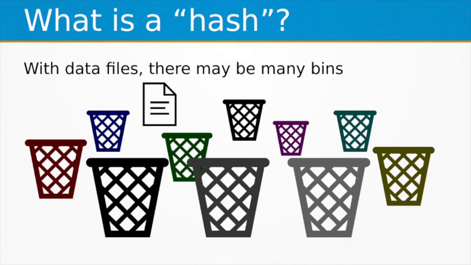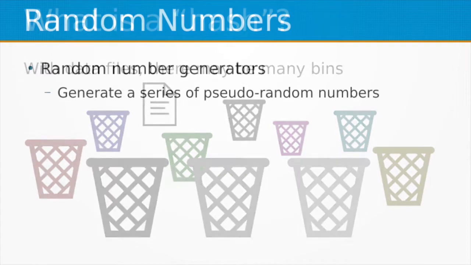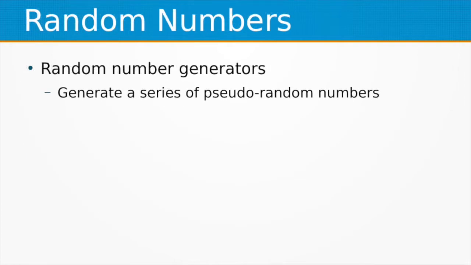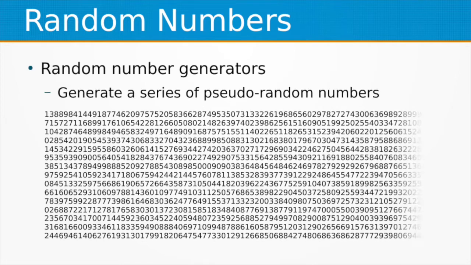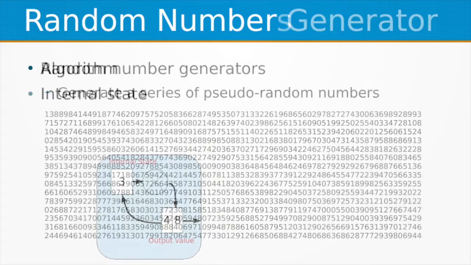Sometimes you want to bin by specific attributes. However, sometimes, like with cryptographic hashes, you just want consistent groupings of data even if the groups are randomly selected. An easy way to randomly group data is to use a random number generator as the hash function. A random number generator is an algorithm that generates a sequence of unpredictable numbers.